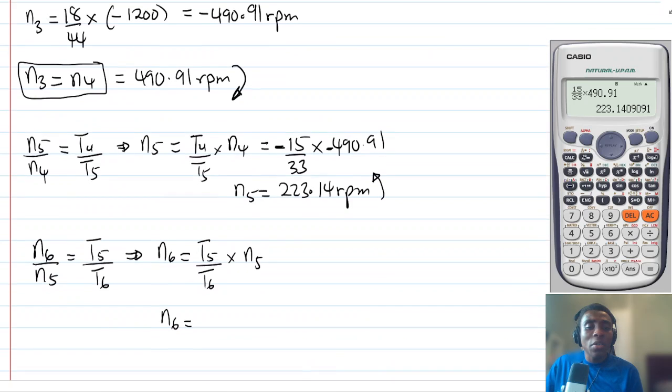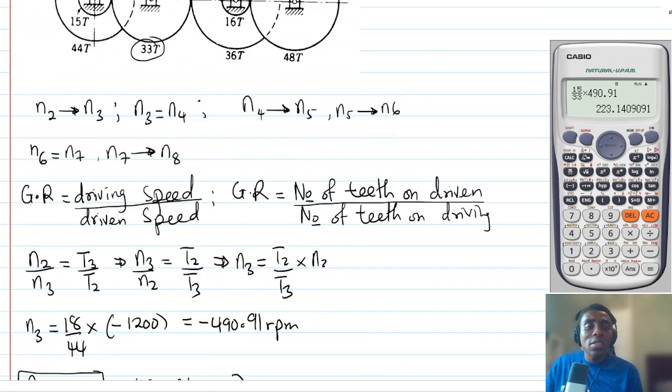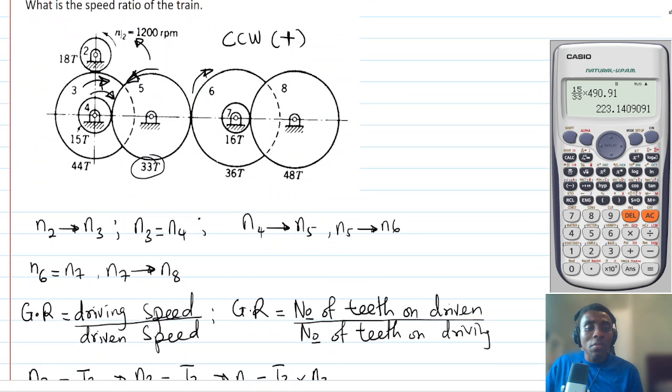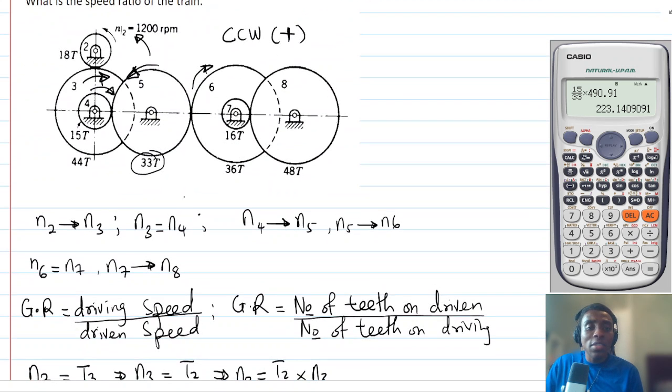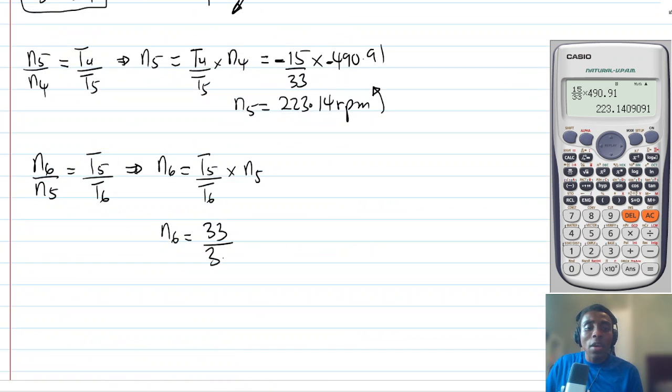T5 is 33, and T6 is 36. And then you multiply this by N5. N5 is nothing but 223.14. We just solved for it.